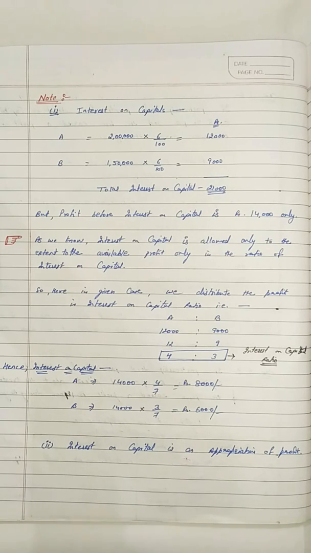That's why we divide this amount in their interest on capital ratio, that is 4:3, and A will receive in the form of interest on capital 8,000 and B will receive 6,000. Interest on capital is an appropriation of profit. That's why we distribute profit up to the amount available with us.